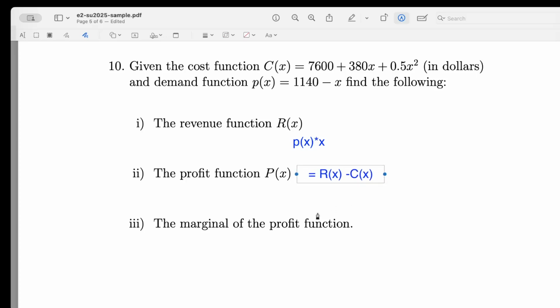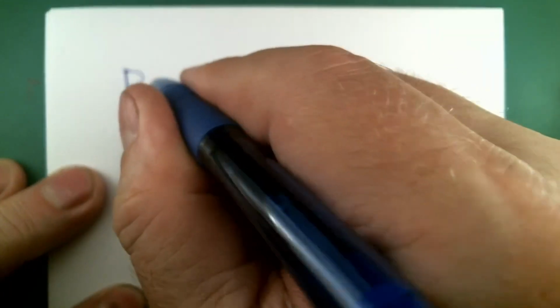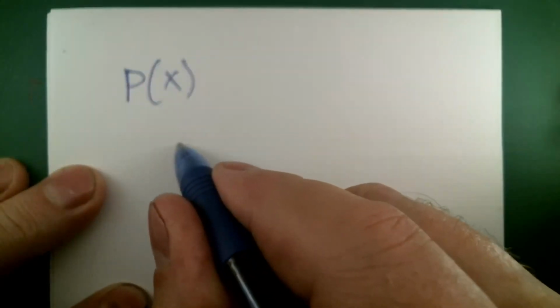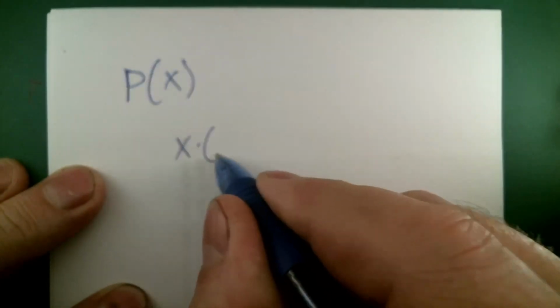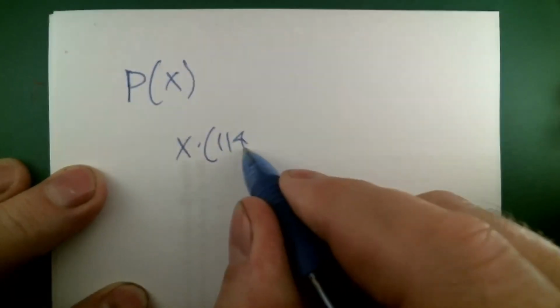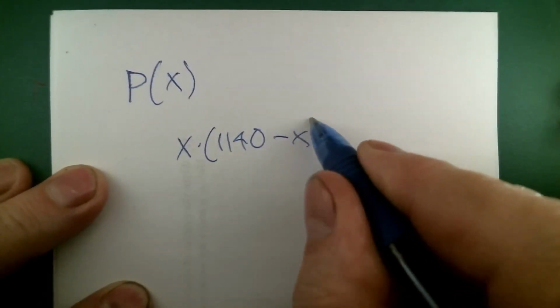So for us, in this particular situation, we're going to have 1140 minus x, times x, and then minus all of this stuff. Our profit function is two things: x times the price-demand relationship minus the cost.